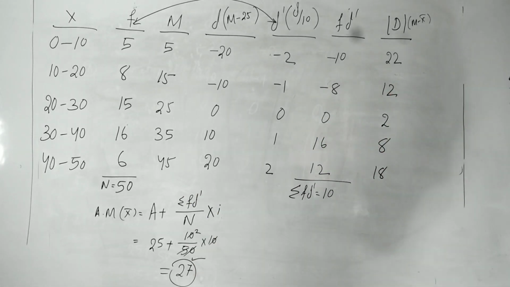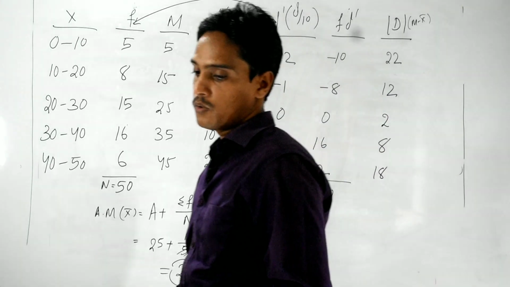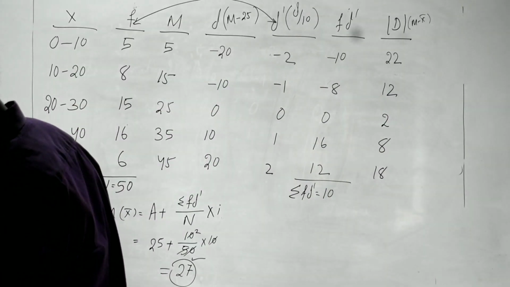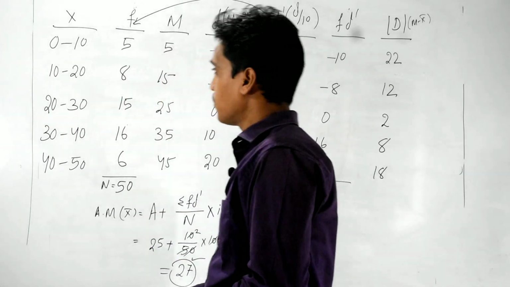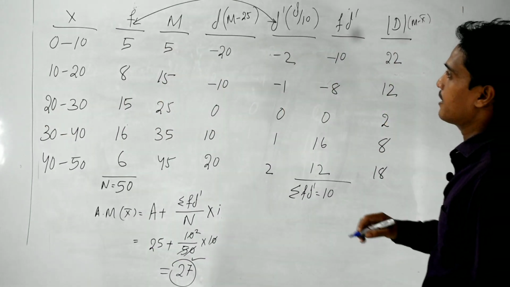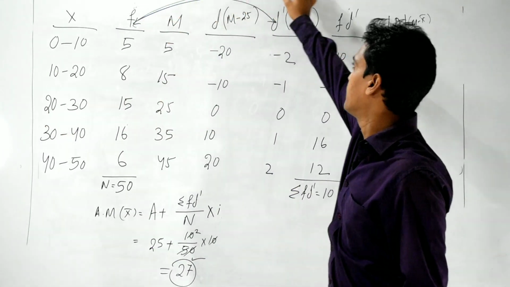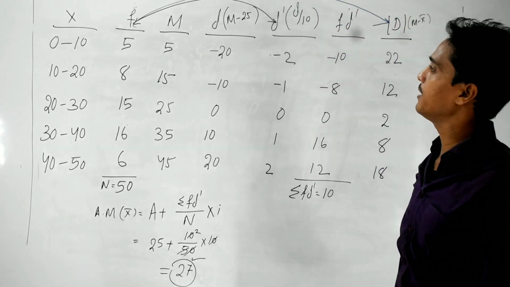For the purpose of mean deviation, we have to multiply the frequency with the absolute deviation, that means f into d mod.